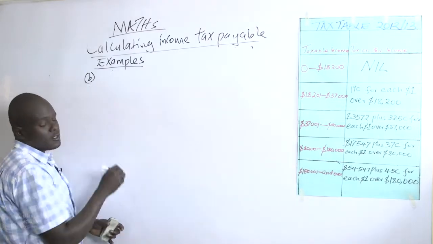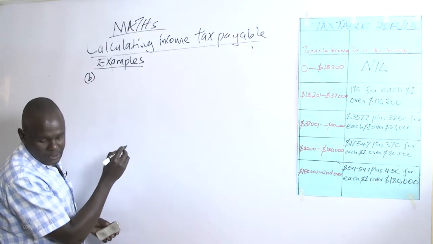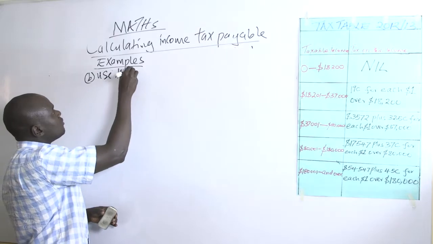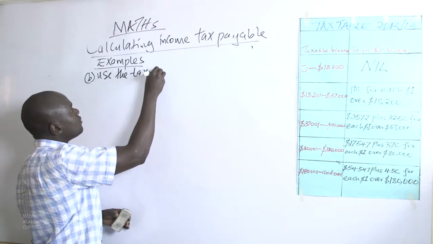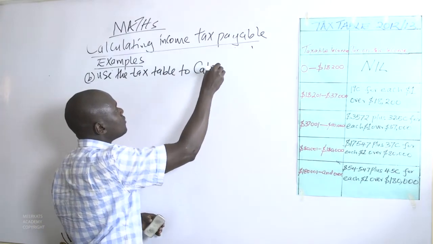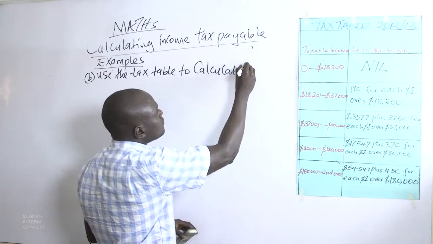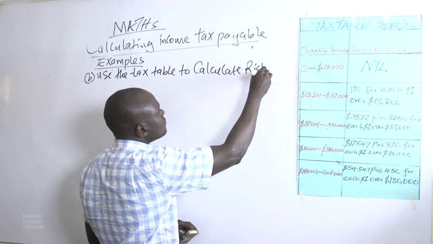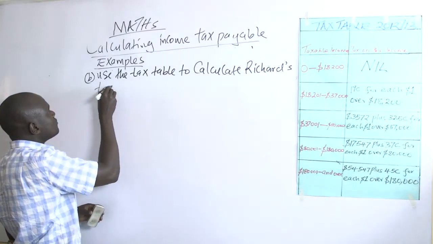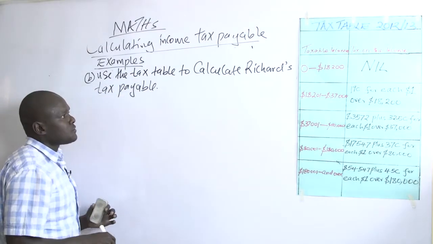So our second question, question B, is to use the tax table to calculate Richard's tax payable.